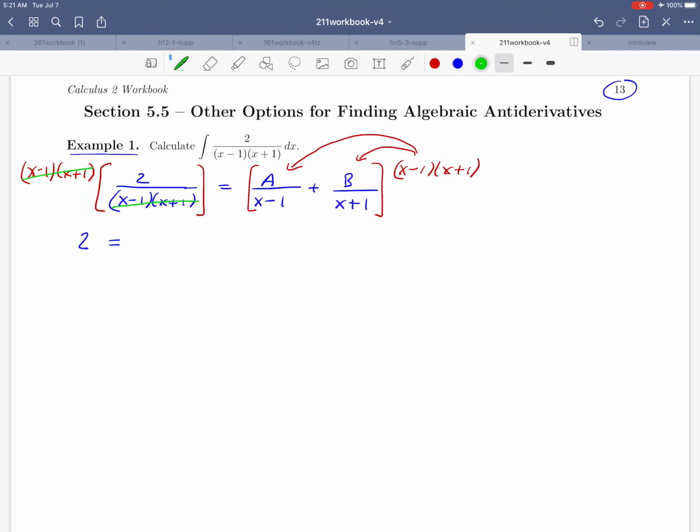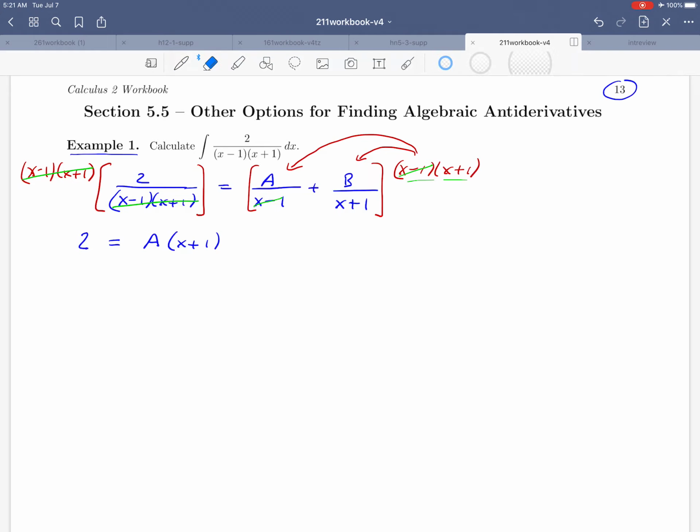Let's take it one term at a time. If we start with the A over x minus 1, it's going to get multiplied by x minus 1, x plus 1, and what cancels is just the x minus 1. So what would be left over for the first term is just the A in the top times the x plus 1. And we're done with the first term.